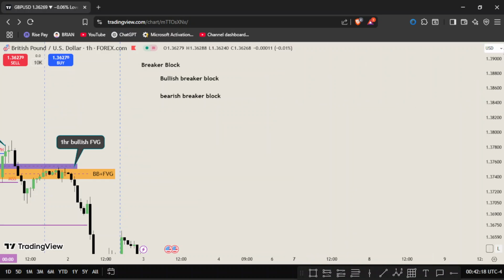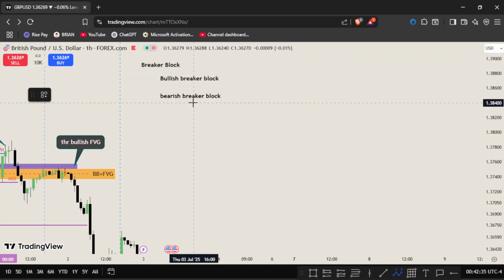What precisely is a breaker block? So a breaker block, we put in a low. I'll first explain what is a bullish breaker block.